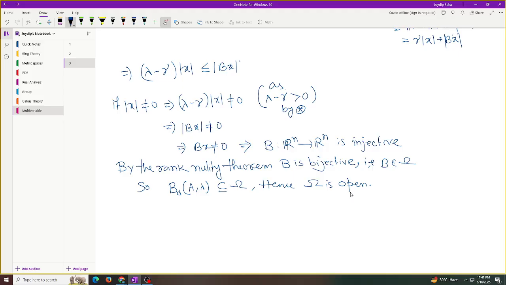Okay, next we want to show that theta is continuous.